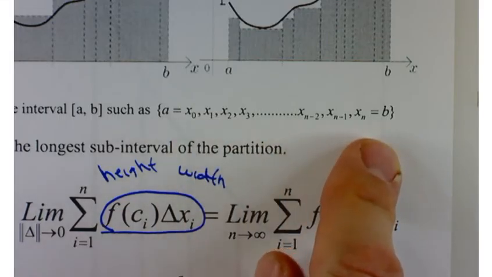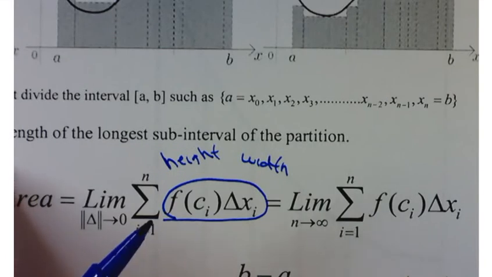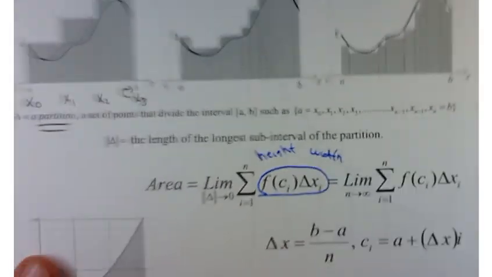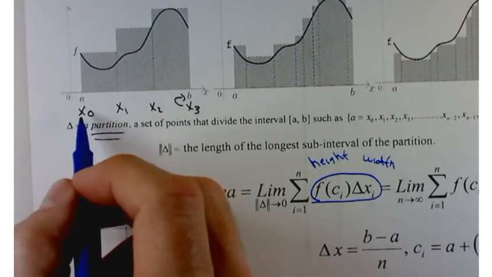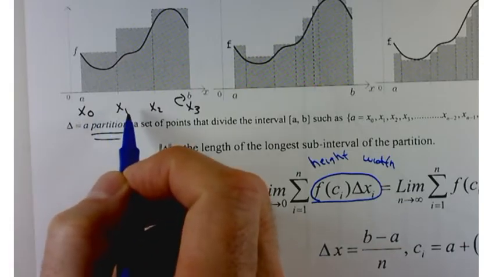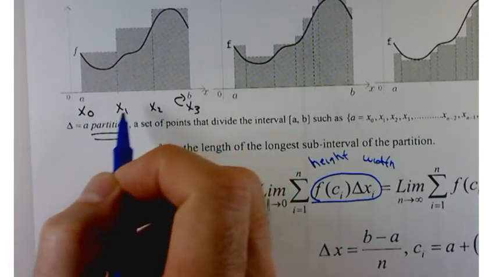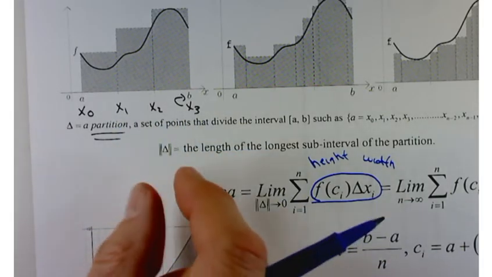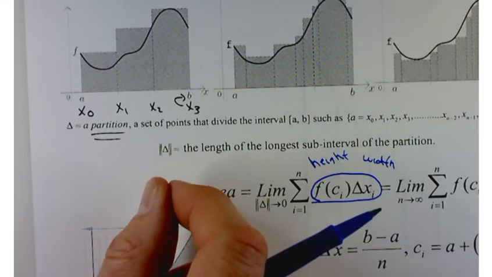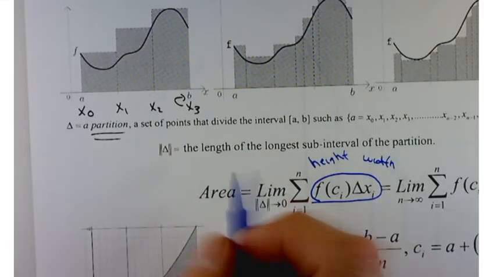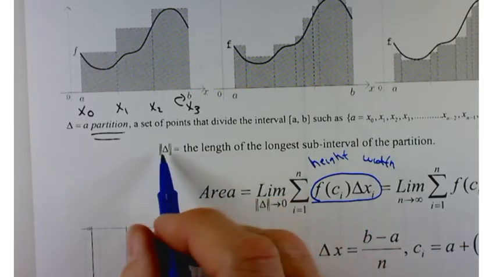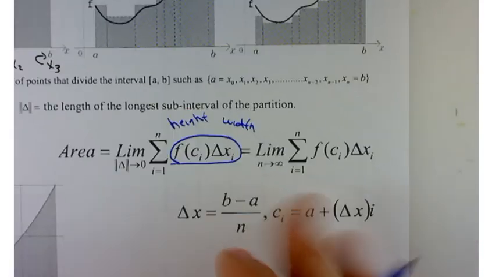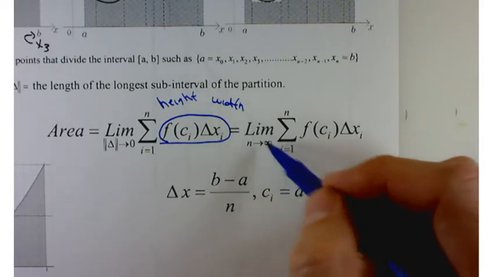The length of it is considered to be the length of the largest of these subintervals. So the distance between x sub 0 and x sub 1, that's a subinterval. The distance between x sub 1 and x sub 2, that's a subinterval, and so on. If the length of those gets really, really small, that's what we want. The length of the largest of those going to 0 is really, for us, the same as the number of these rectangles going to infinity.